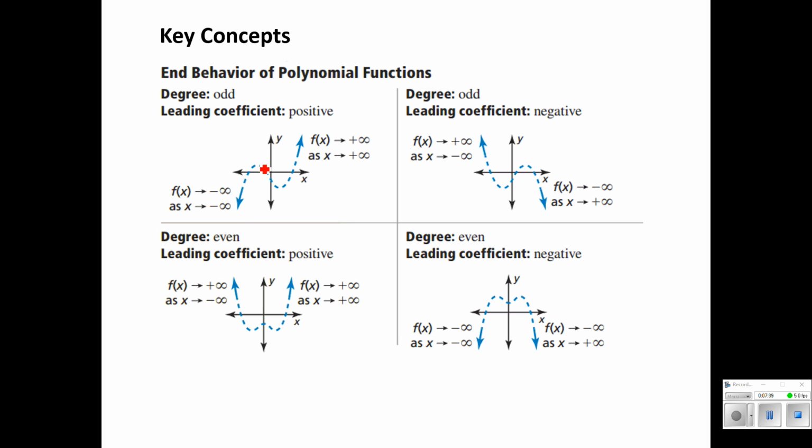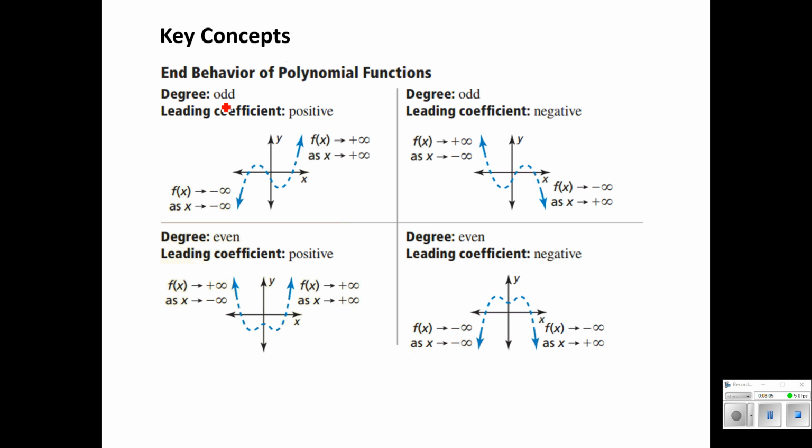All right, another thing we hopefully picked up on in the introduction is that depending on how the degree looks, we can see different behaviors of the ends of the graph. So our first 2 boxes here cover when the degree is odd. We said in our introduction if the power was odd, the graph moved in opposite directions, and that's true.